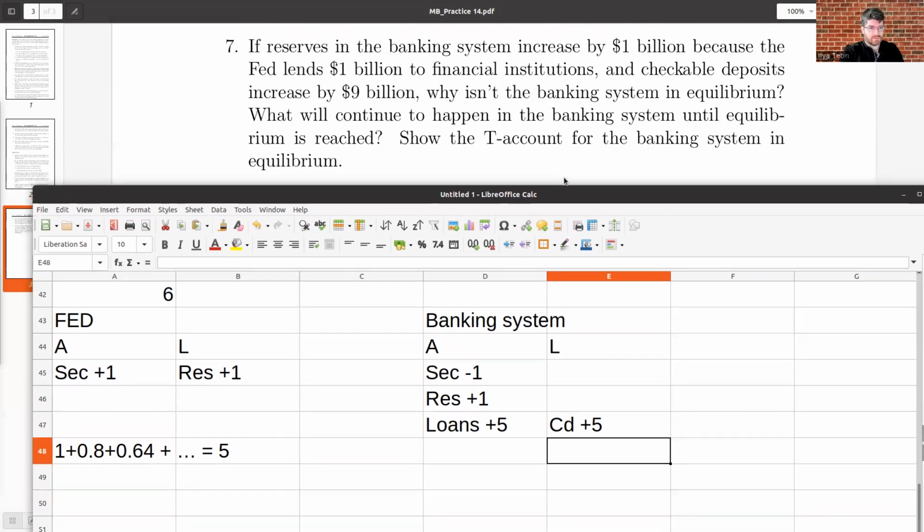And the last question, number 7. So what can we say here? Why isn't the banking system in equilibrium?